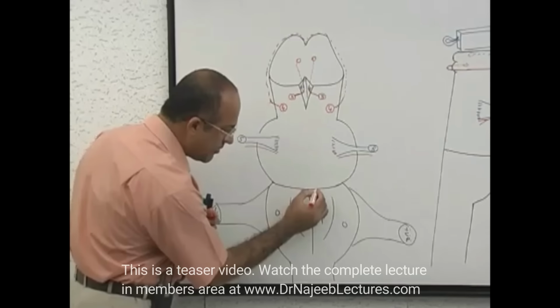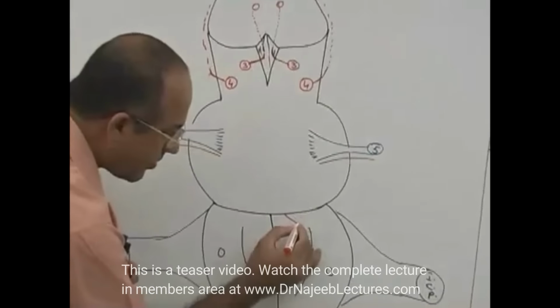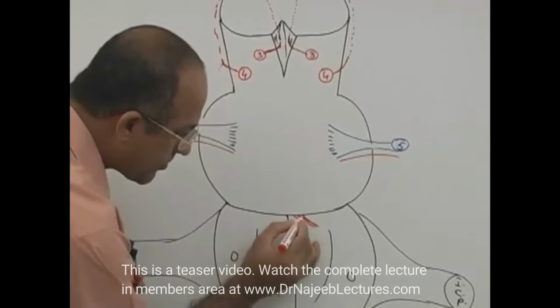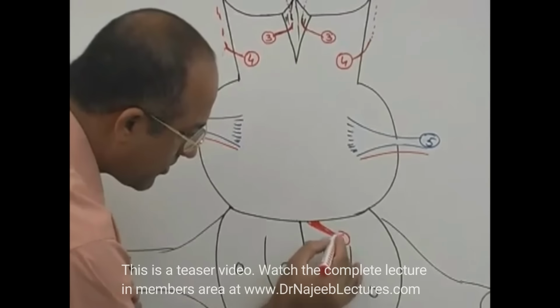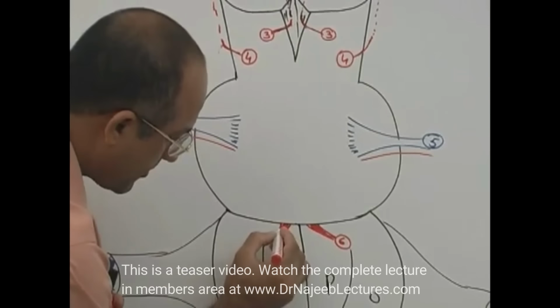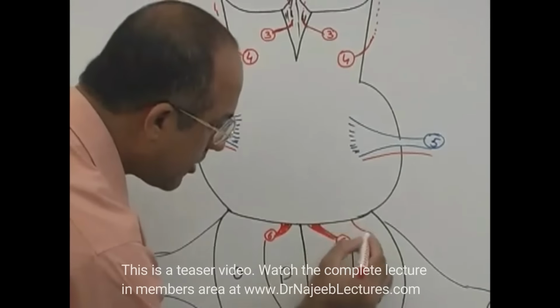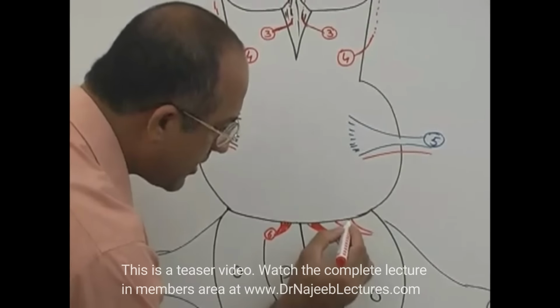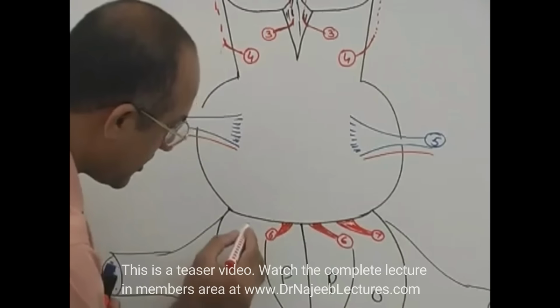From medial to lateral, here is the nerve which exits, which is 6th, right? And from here the nerve which comes out, what is that? 7th.